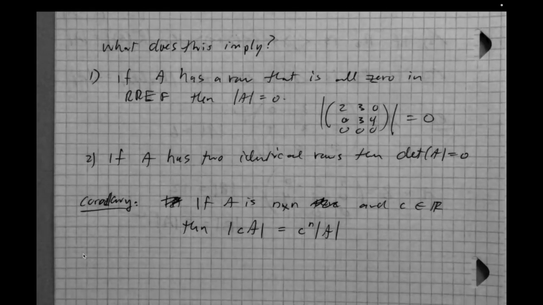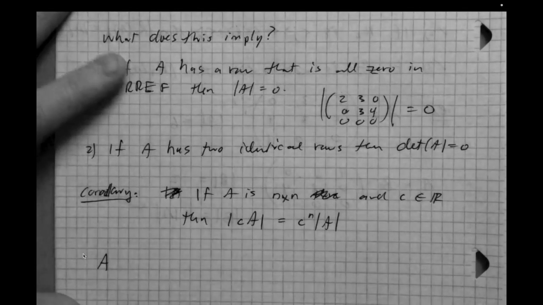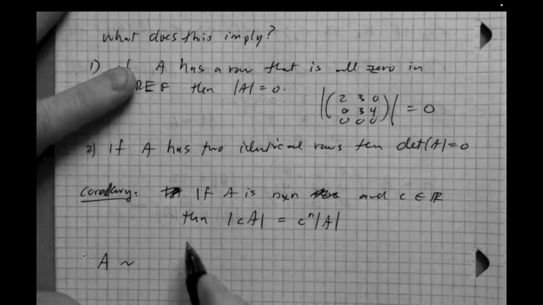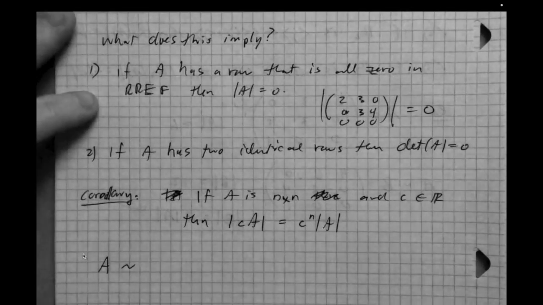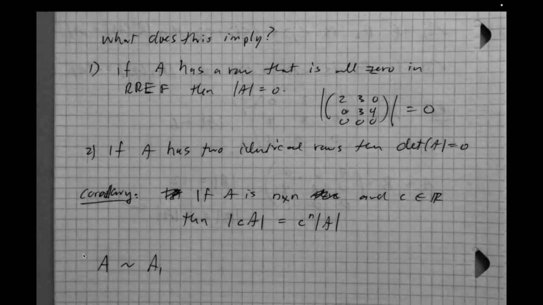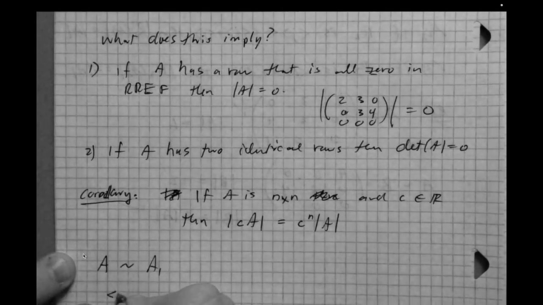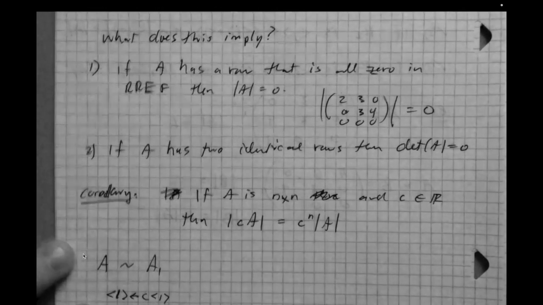Well, this one is not completely obvious, but you can think about it in a certain sense. If I start with A, then I can multiply row 1 by C. So row 1 is replaced by C times row 1.